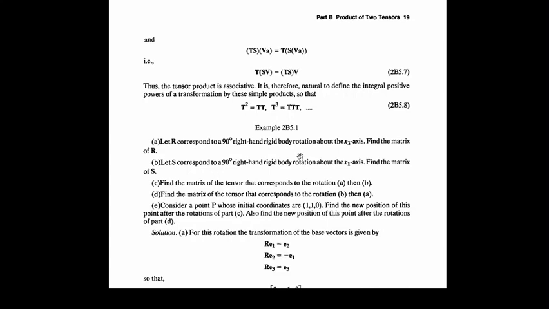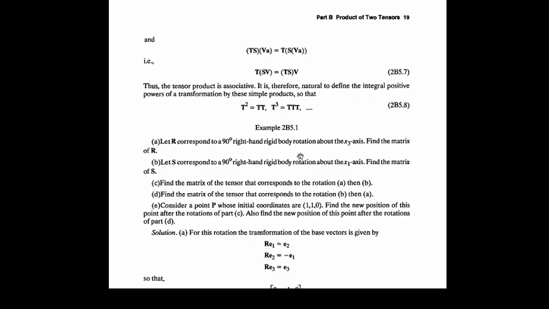Now RE2 is equal to E1 times the cosine of the angle between E2 dash and E1 plus, now what is this cosine of the angle between E2 dash and E1? This is cosine of 90 plus theta, which will give you minus sine theta.